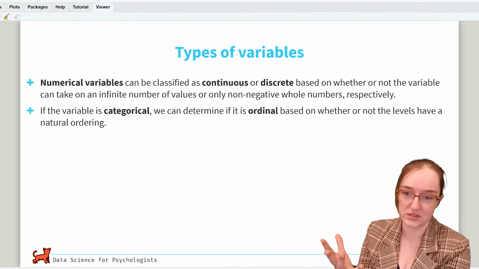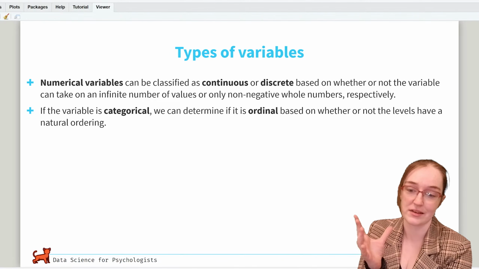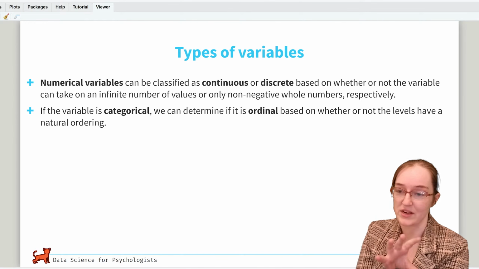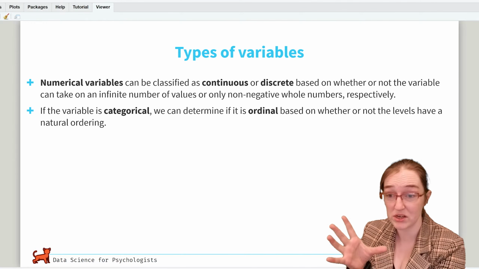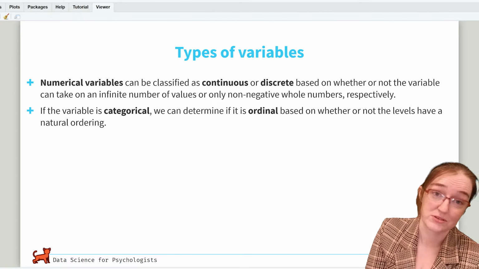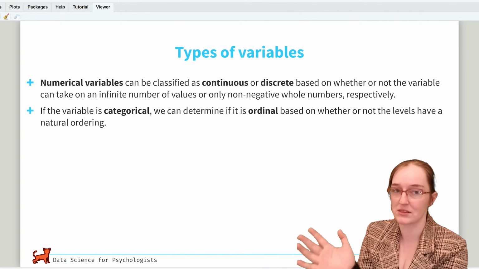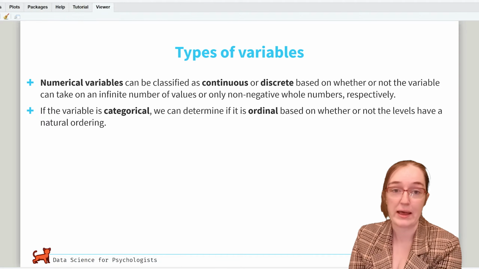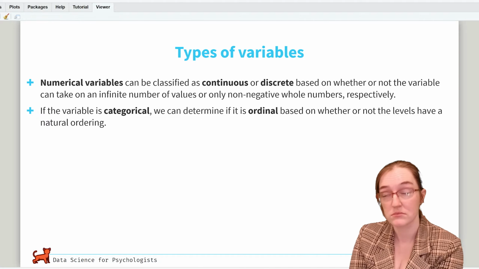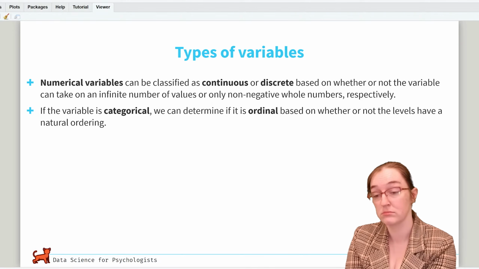Numerical variables can be classified as discrete or continuous, essentially interval or ratio, based on whether or not the variable takes on an infinite number of values or only non-negative numbers. Again, the terminology differs a bit across languages, but I want to at least expose you to it so you can communicate with the data scientist in your life.